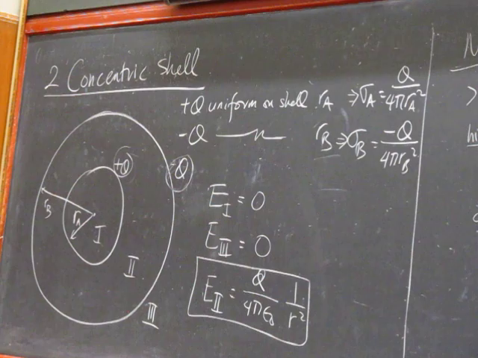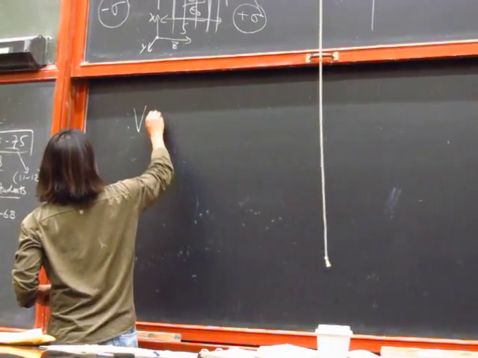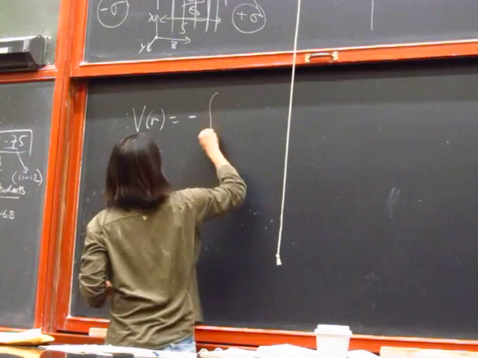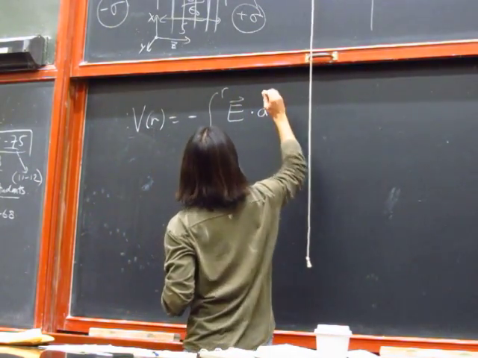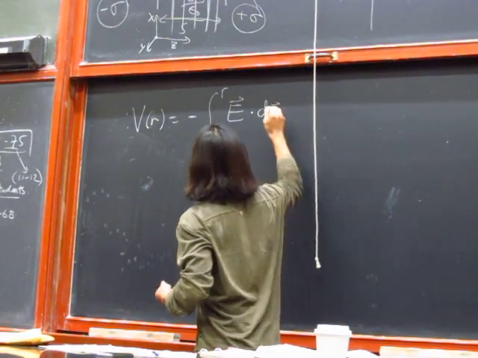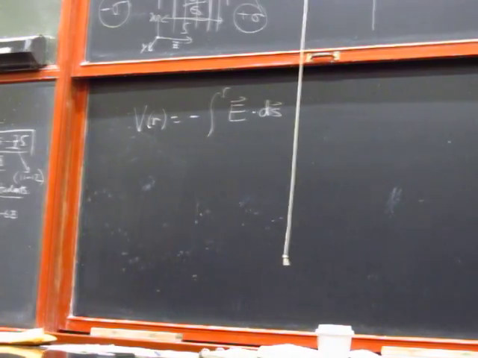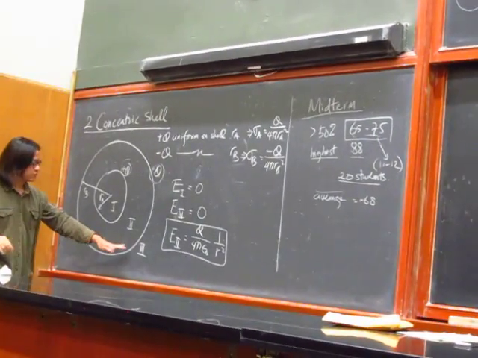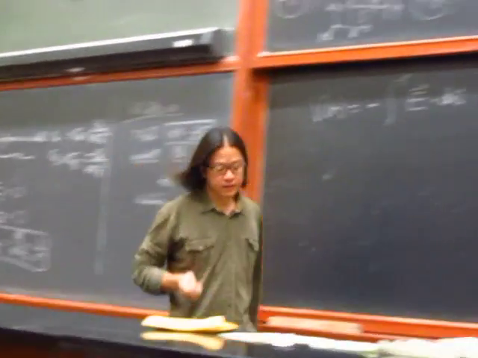And let's calculate the potential. Potential again is given at R, just to use a different variable.